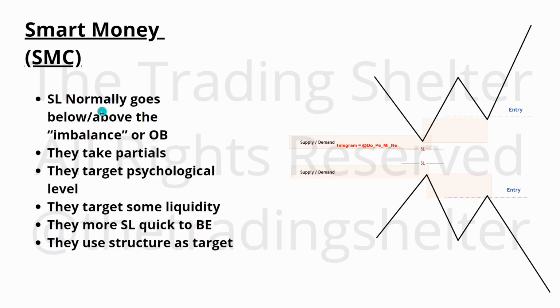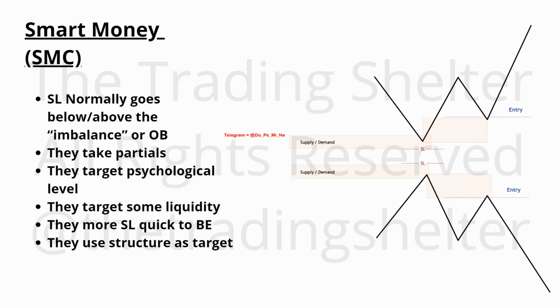Stop loss usually goes above or below the imbalance. Sometimes some traders put it here, or below the supply or demand zone. A lot of them take partials. They target psychological levels. They target some liquidity. For example, some traders target equal highs and equal lows, because they think they know how liquidity works.